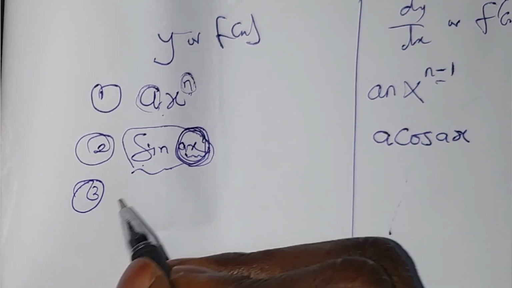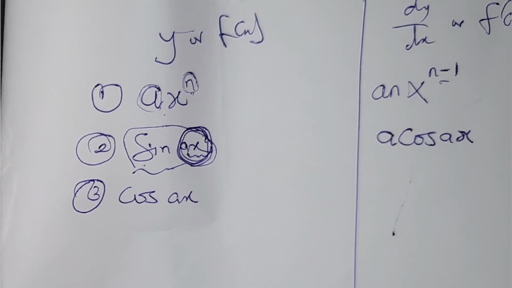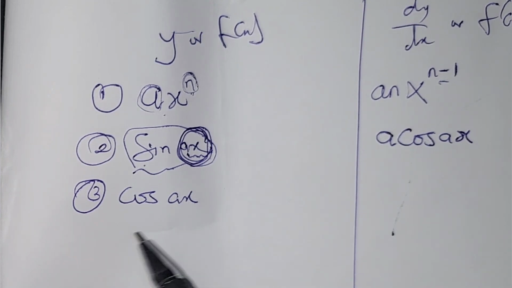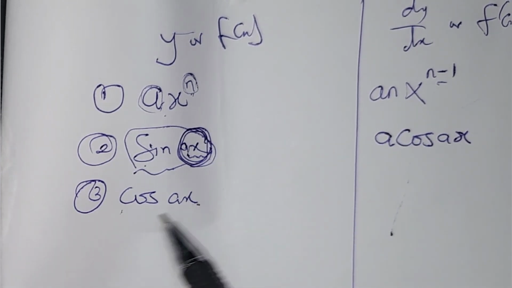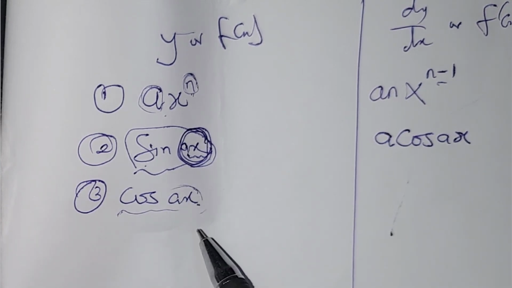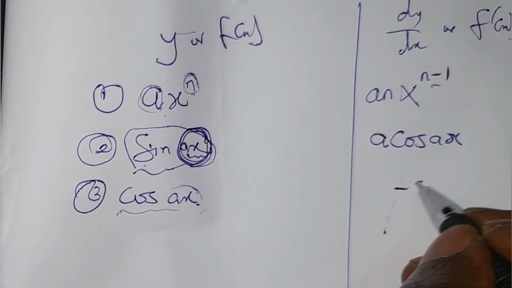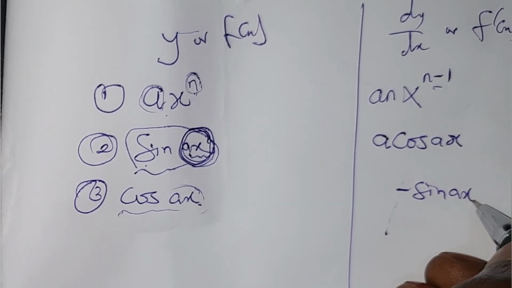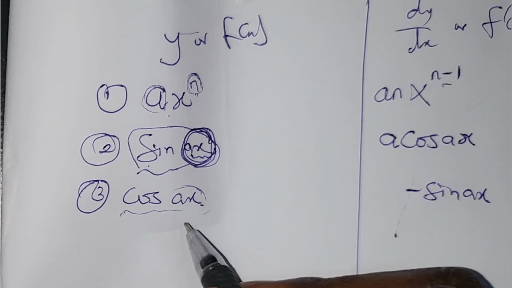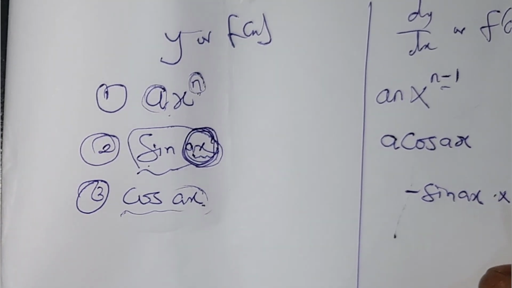Then the next one is cos of ax. If you are given cos of ax and you need to differentiate it, just as we did for the previous one, you have to differentiate the whole function before you differentiate the angle itself. So if you differentiate cos ax, you're going to get negative sine ax, then you multiply it by the differential of the angle.